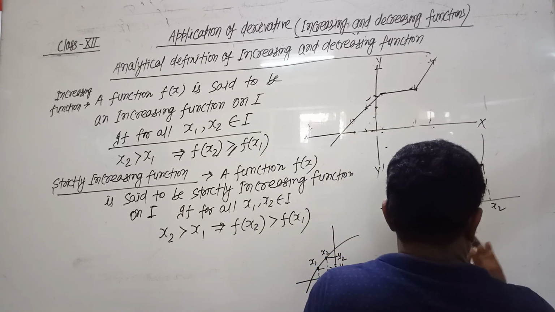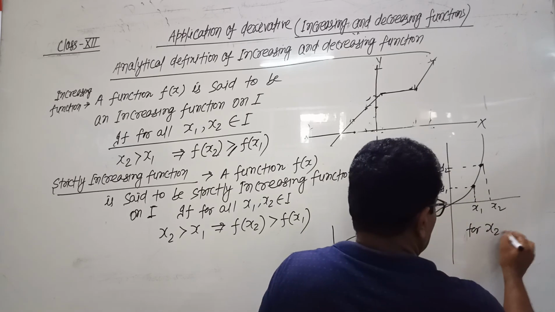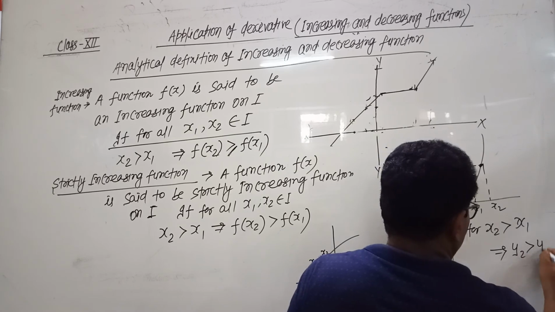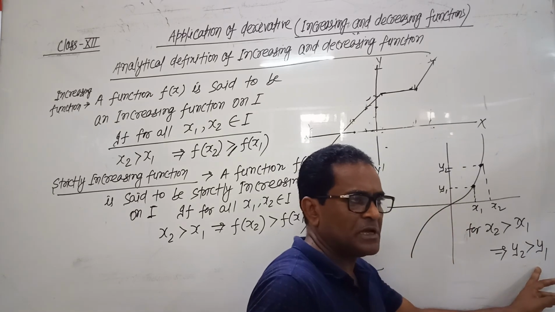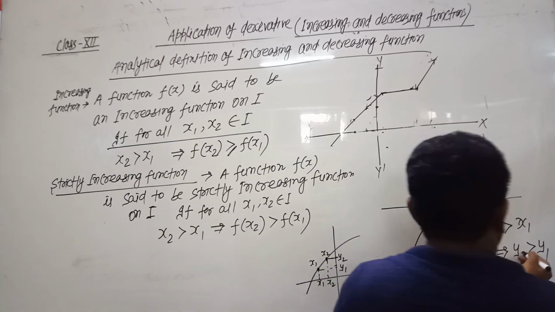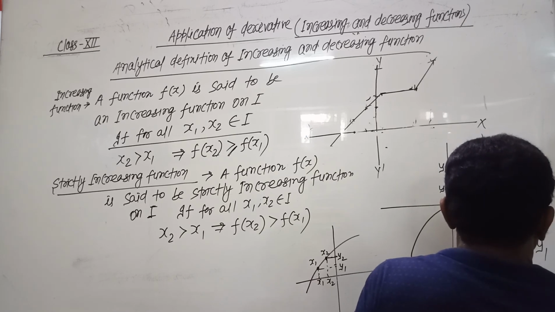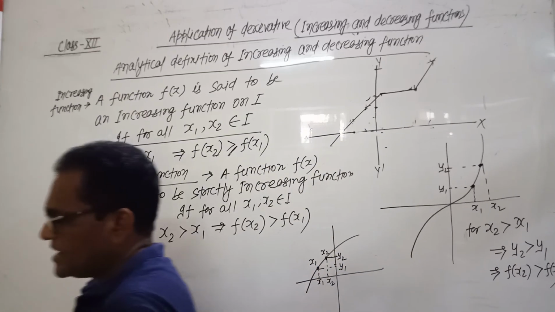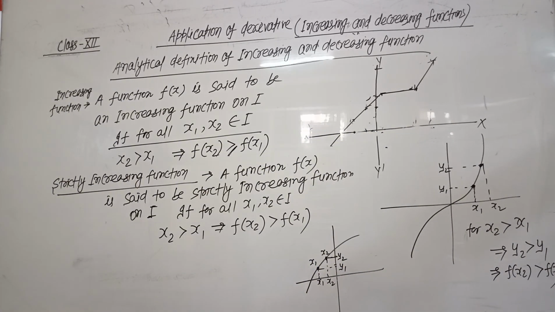We do not use the equality sign in a strictly increasing function, or we can say that f(x2) is greater than f(x1). So this is about the increasing function and the strictly increasing function. And in the next video, we will discuss the decreasing function and the strictly decreasing function.